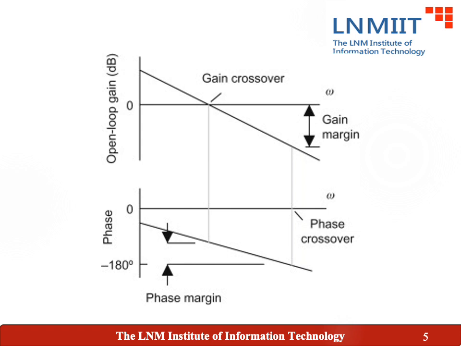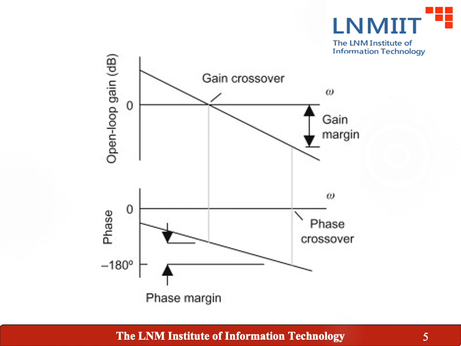Next quantity, the gain margin. The gain margin is the change in the gain at phase crossover frequency. At phase crossover frequency, the value of gain gives you the quantity of the gain margin. Similarly, at the gain crossover frequency, what is the value of phase?